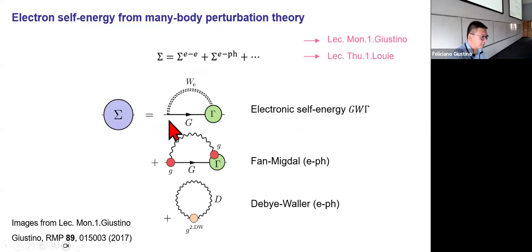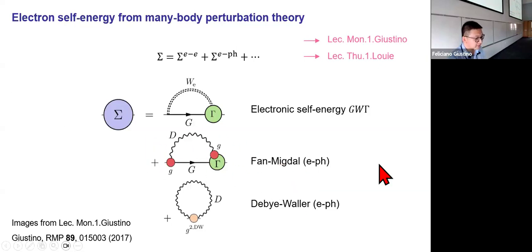For example, in the most simplistic case, we can have the GW electron self-energy. We can include or not include phonon effects. And for the electron-phonon self-energies, which live on a different energy scale than the electron self-energy, we have the Fan-Migdal and the Debye-Waller self-energies as well.